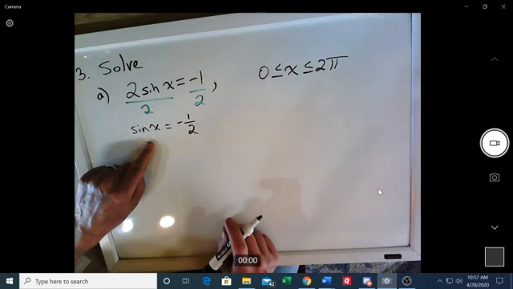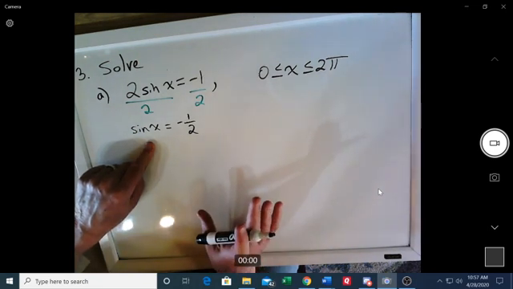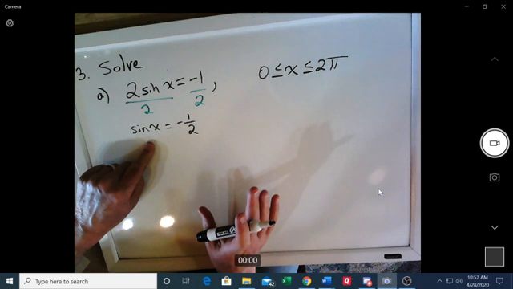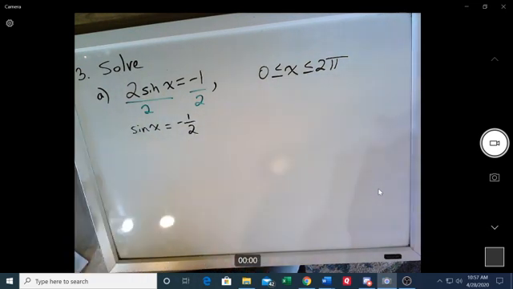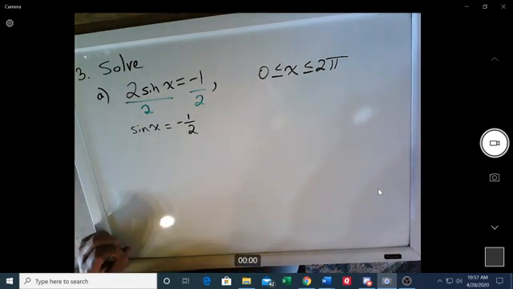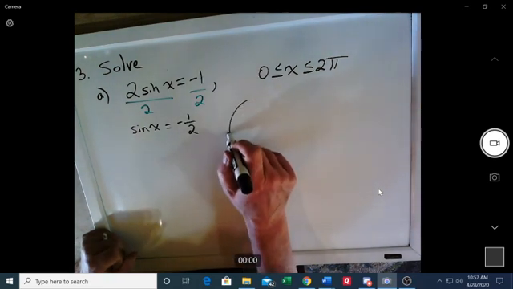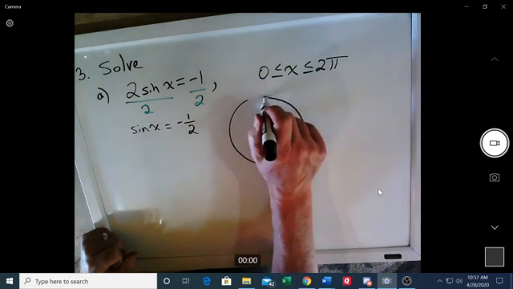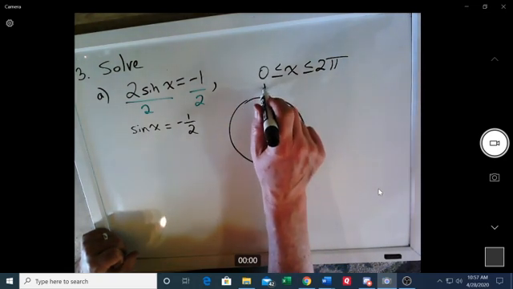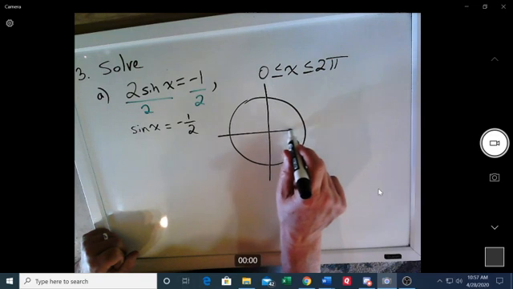I can immediately do inverse sine of this and punch that into my calculator, but I will only get one solution if I do that. But if I do this first, it will remind me that there's more than one solution.